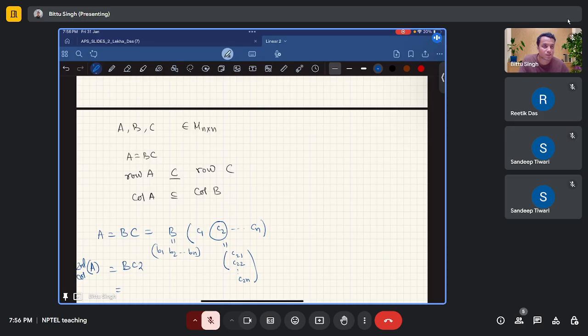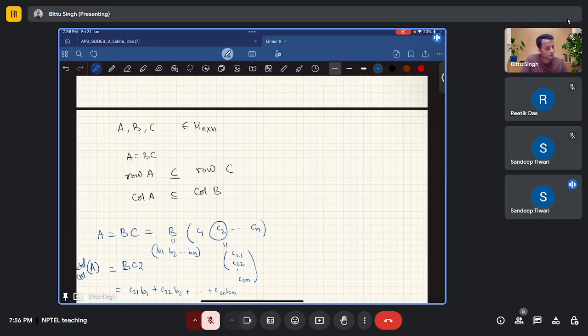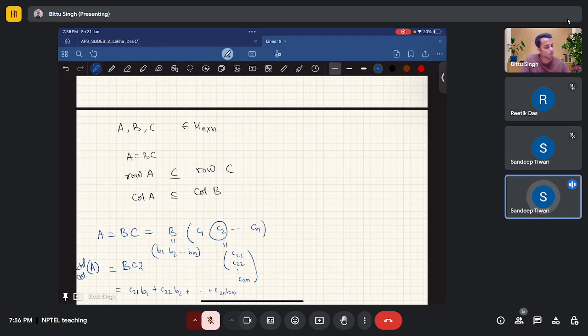Then B times C2 is the same as C21 times B1 plus C22 times B2 plus up to C2n times Bn. Is that clear? This clearly shows that the column space of A is a subset of the column space of B.